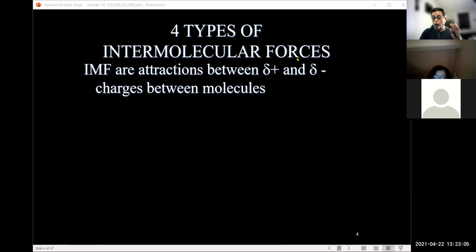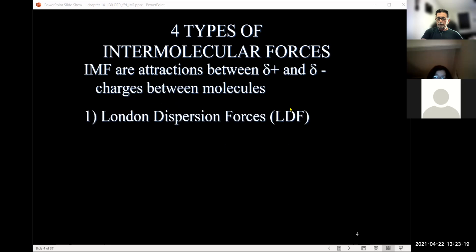So there are four types of intermolecular forces. And these are interactions between the partial positive and partial negative charges between molecules, okay? Type number one, which by the way is the weakest of these four types, we call the London Dispersion Forces, or LDF, okay?